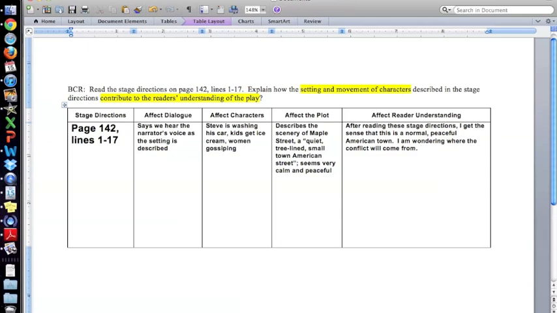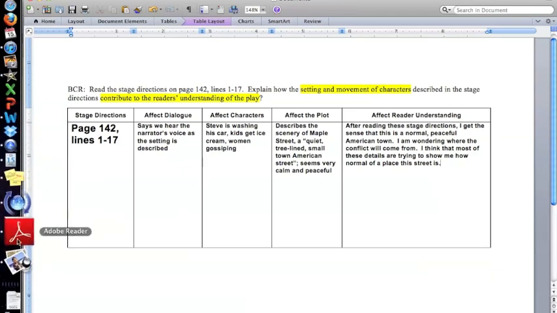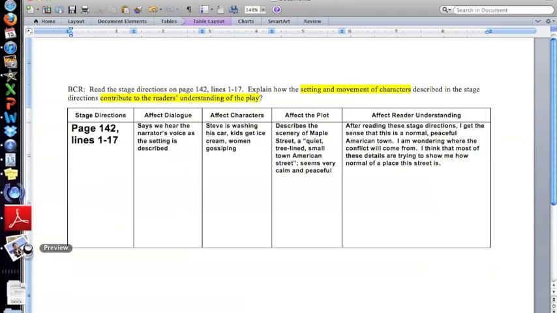And I think that most of these details are trying to show me how normal of a place this street is. And that's how I'm going from the text to my graphic organizer.